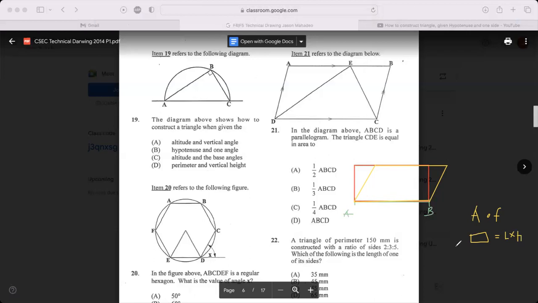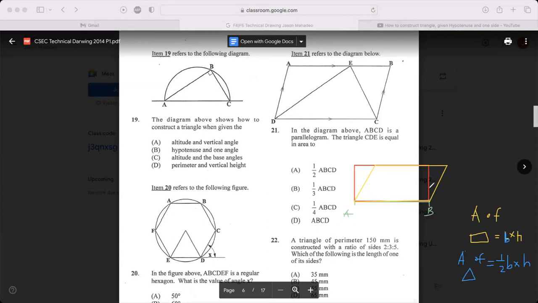So now you have to think, what is the formula for the area of a triangle? Caleb, you can tell me. I forgot. So the area of a triangle is half the base times the height. Let's just change this to base for the purpose of this question. So the base is AB.